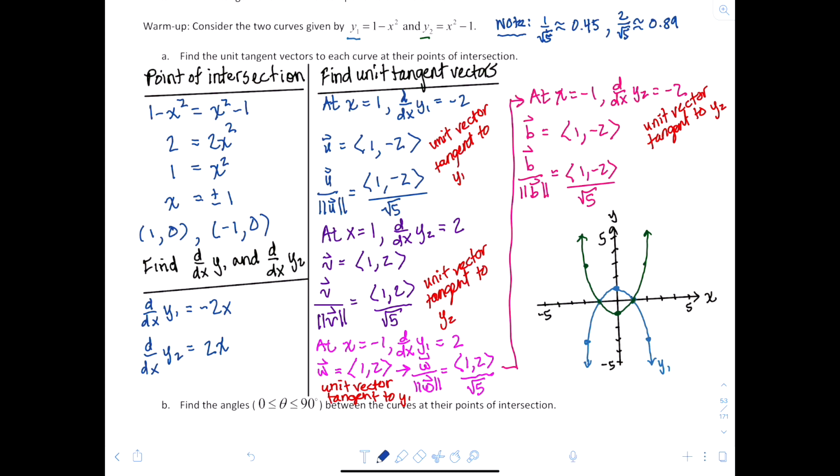So graphing these unit tangent vectors, you're going to start at 1, 0, and we're going to be looking at first y1, the unit vector tangent to y1, and so that's going to be positive 0.45, and then from that point negative 0.89, so it'll be about here, like this.